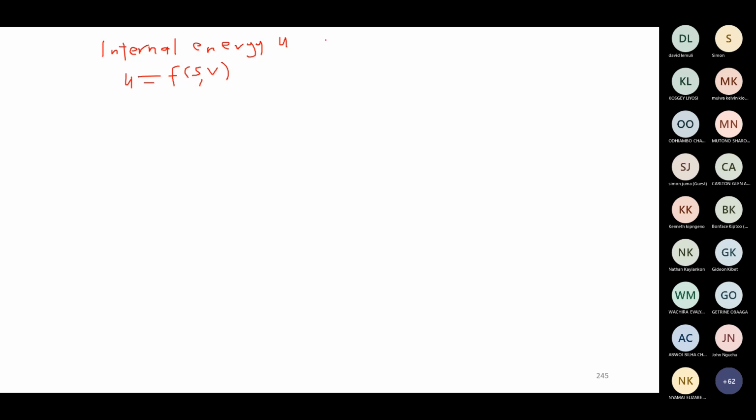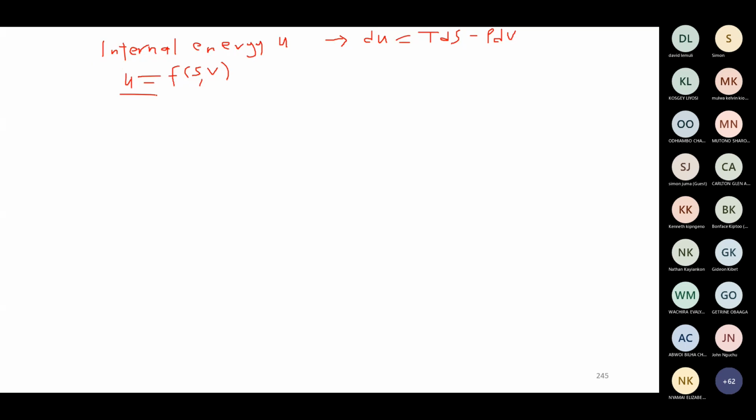The expression that we had in the four expressions was dU equals TdS minus P dV.